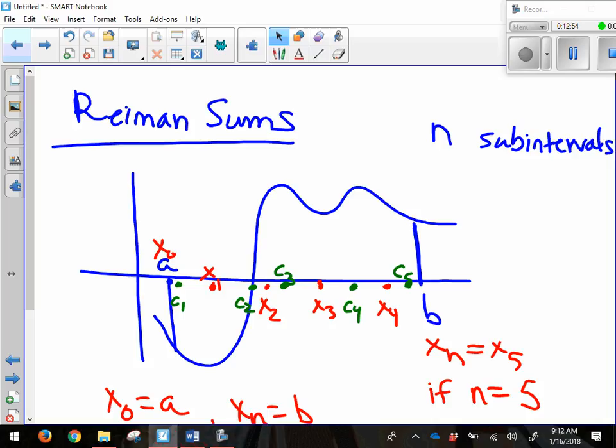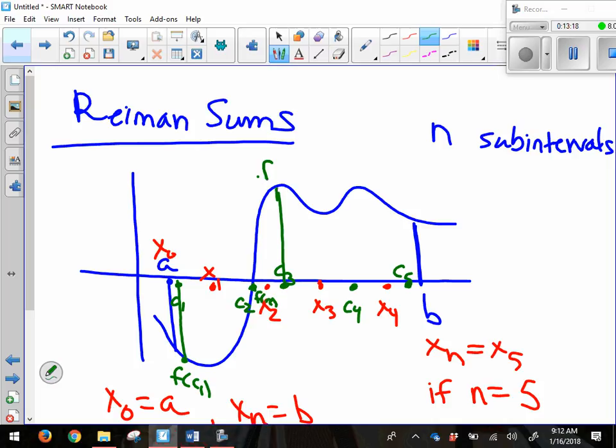So if I go back to my graph, this is going to be f of c1, right? This is going to be f of c2. This is going to be f of c3. That's going to be f of c4. And that's going to be f of c5.